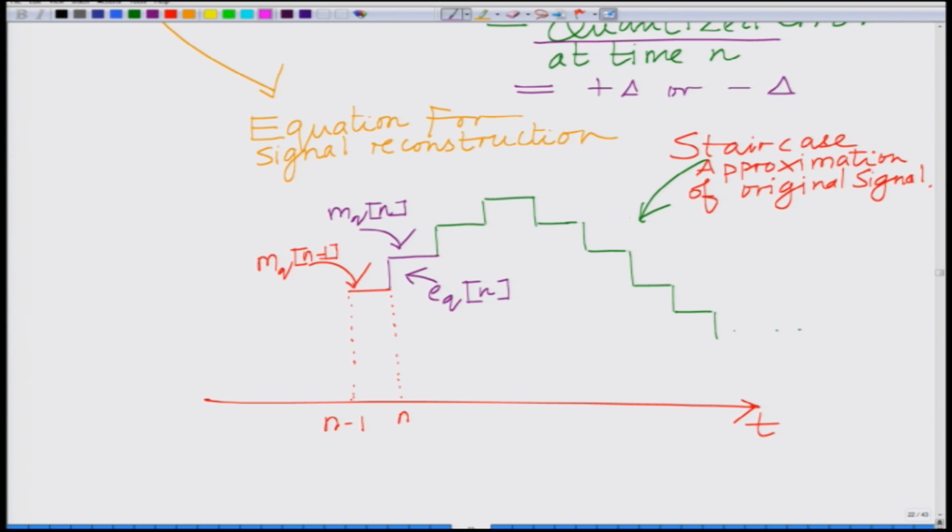Now observe that this staircase approximation is coarse. So I pass this to a low pass filter, LPF, of appropriately chosen bandwidth, because it has sharp edges.